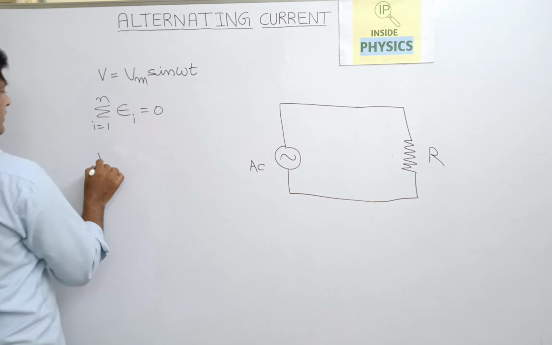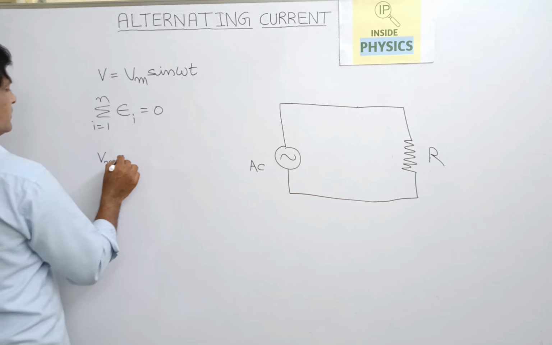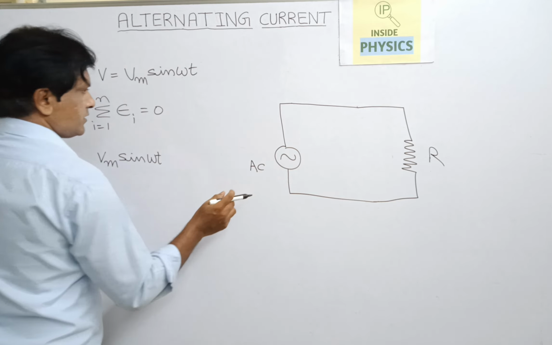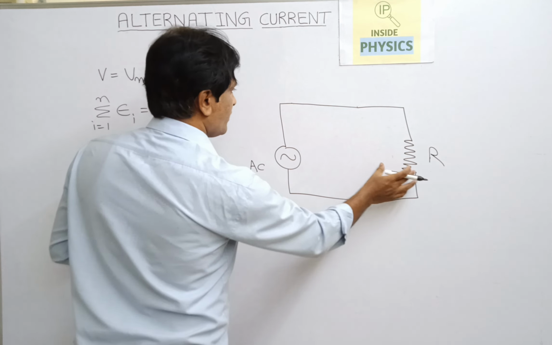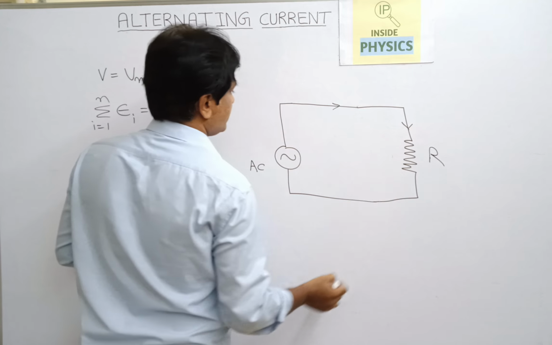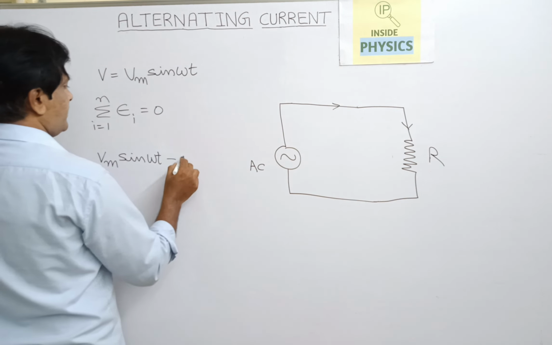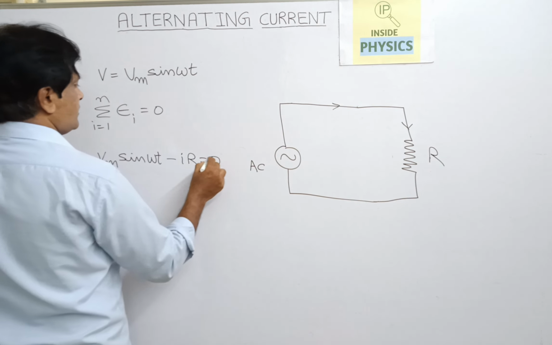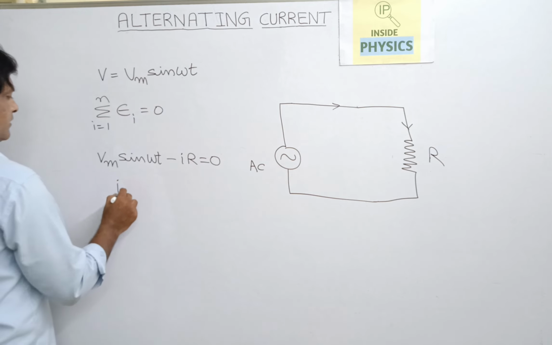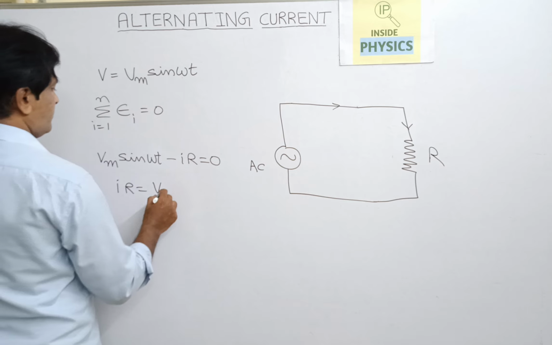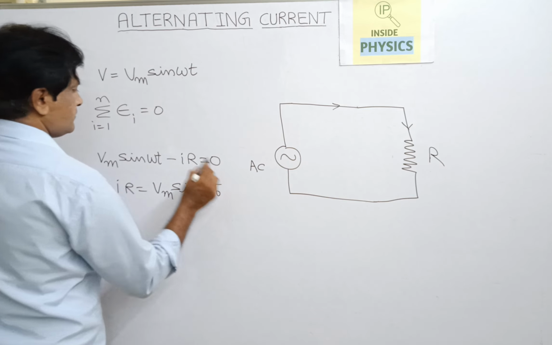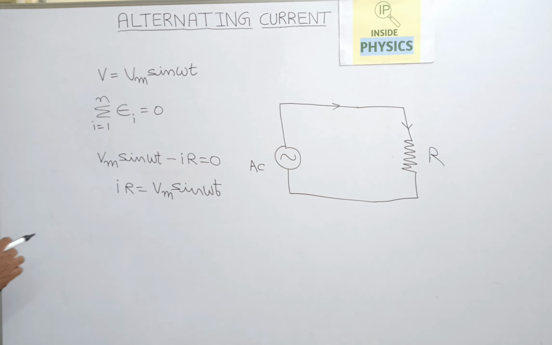See, Vm sin ωt. When the current is passing in this direction, we can write this as IR = 0. So by this we can write IR = Vm sin ωt.